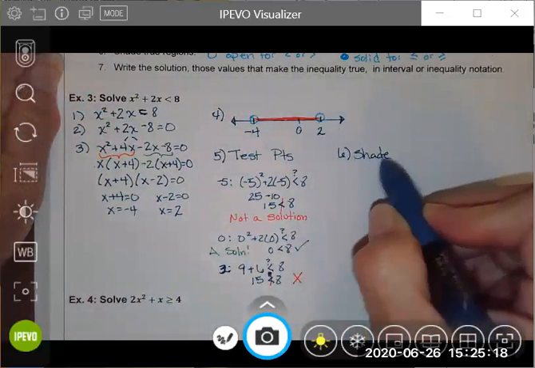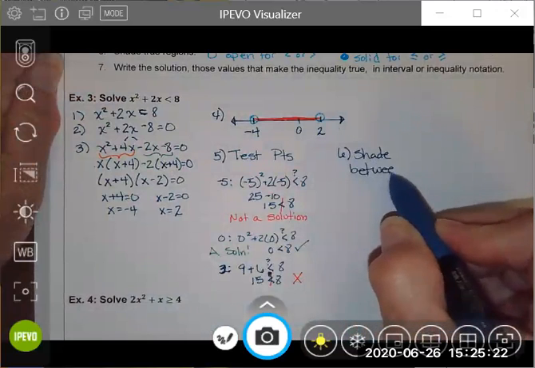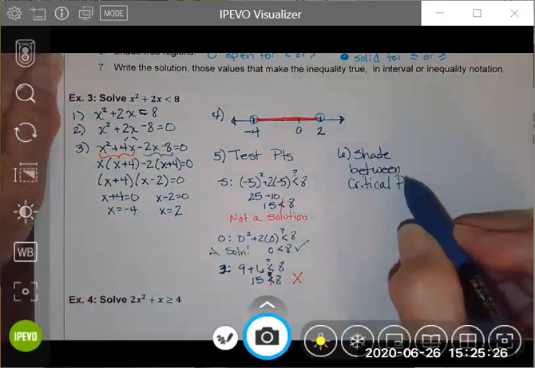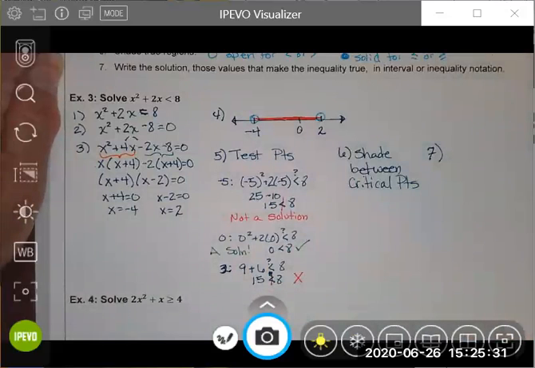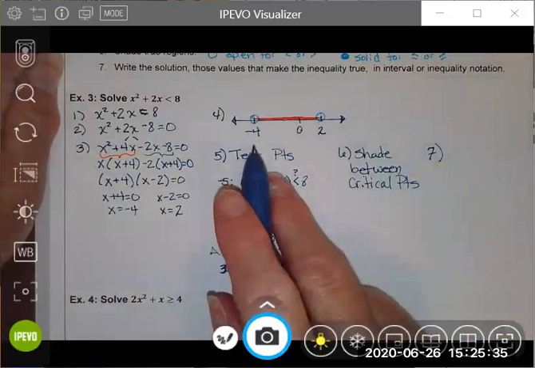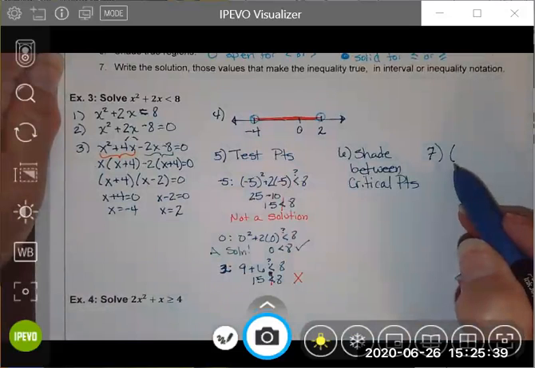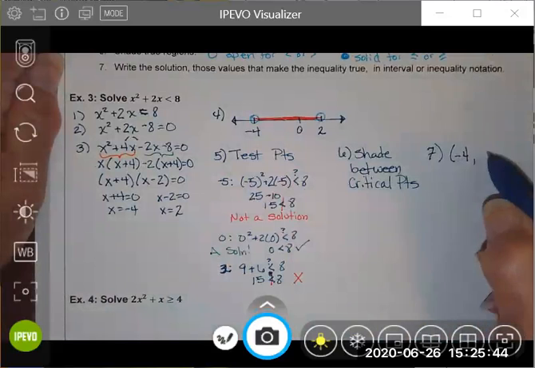So I want to shade between my critical points. And then number 7 was to write our solution set in the form of an inequality or using interval notation. I'm going to use interval notation initially, and because it is less than, I'm going to use parentheses. -4 is my lower bound, 2 is my upper bound, and again, parentheses.